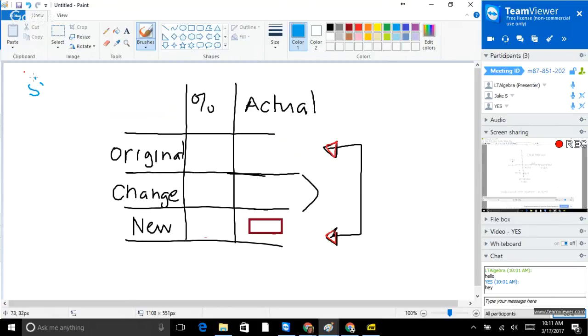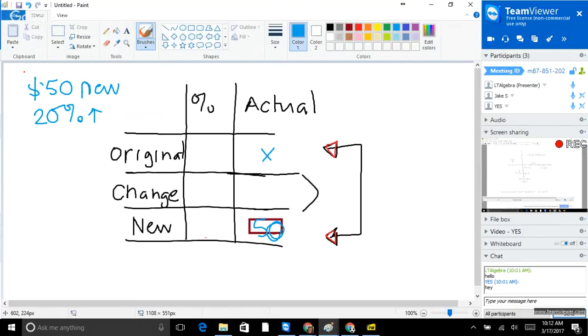Let's say something cost $50, but that was the new price. The new price is $50, but it increased 20%. It went up in price because it was so popular. So what I would do is say the new actual price is $50, and I want to find out what the original price is.